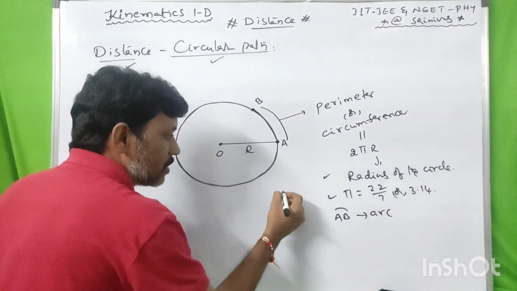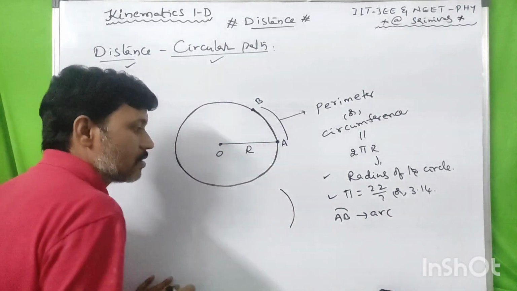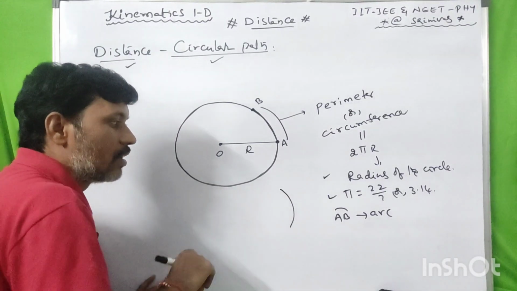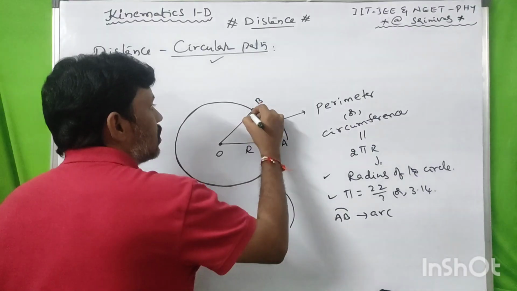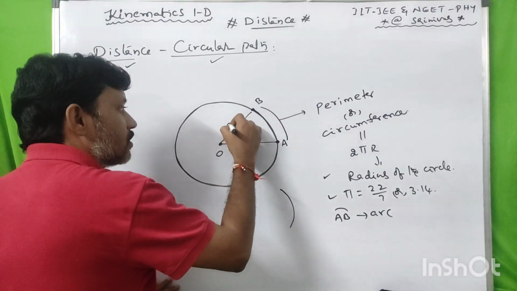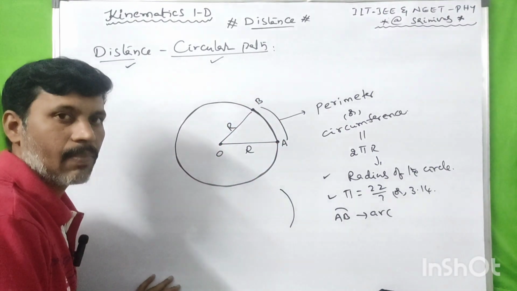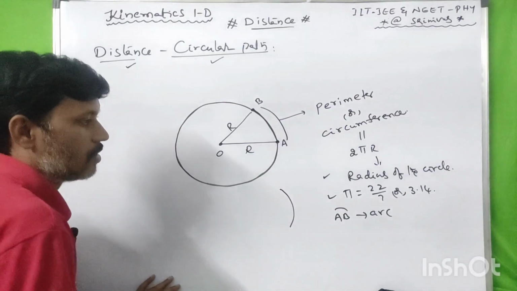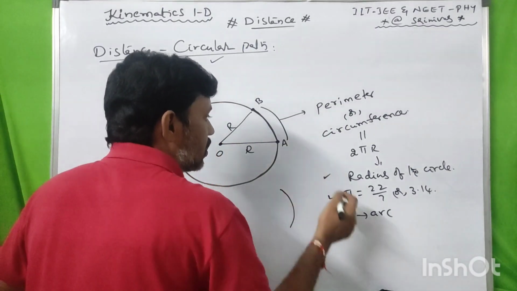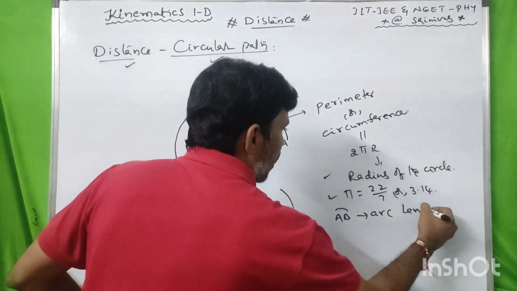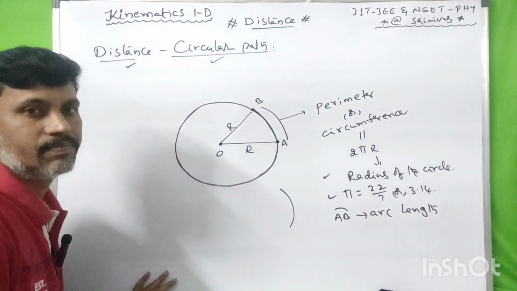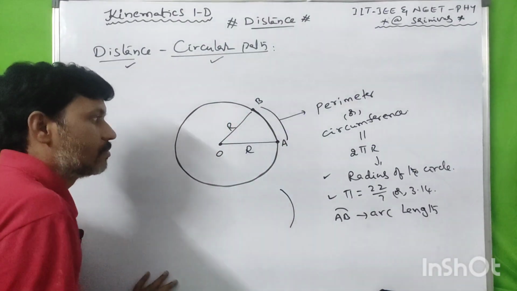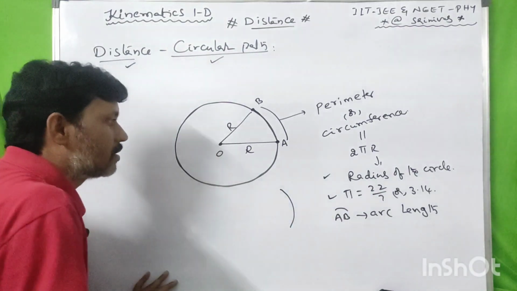That curved line from A to B is nothing but an arc. Simply, we can call it the arc, or arc length, the length of the arc from A to B. We can represent it like this.